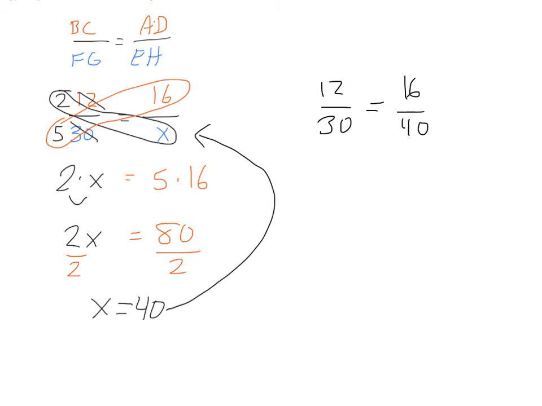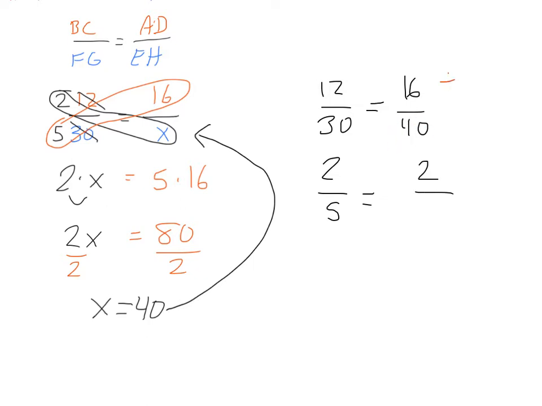So let's simplify both these fractions. We said 12/30ths could simplify to be 2/5. And let's see, could we simplify this to also equal 2/5? And if we can, then we actually know we've done our math correctly. So let's see, if I divide both of these by 8, well, 16 divided by 8 would be 2, and 40 divided by 8 as well.